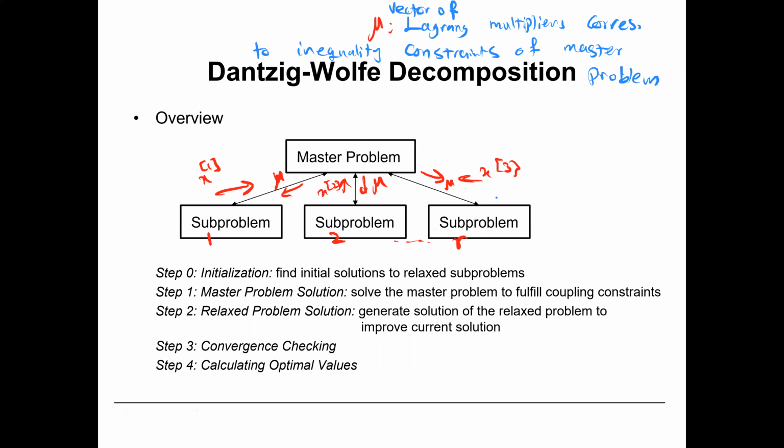And after we send back these values, we are going to solve each of the relaxed subproblems. How do we do that? We update the coefficients, let's say c1 transpose plus mu multiplied by A. So we update the coefficients for each of the subproblems, we solve them again, and this iteration goes on and on until we reach convergence.